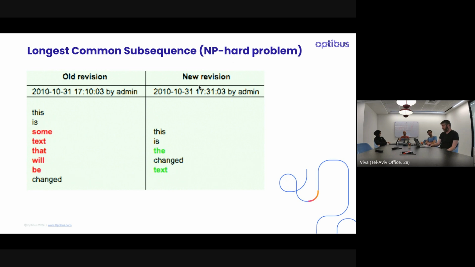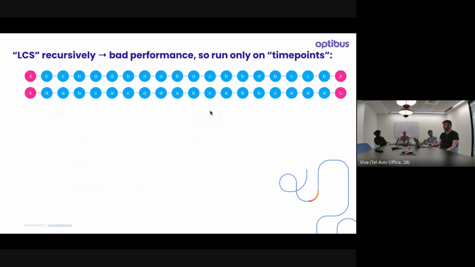So in the beginning we used the longest common subsequence, and we also used it recursively, because after we merge two stops, we run it again for all the stops between the subsequence, and we also run it not just on two routes. We can run it on 5 routes and so on. So we have very bad performance. The algorithm took lots of time. So we did several things.